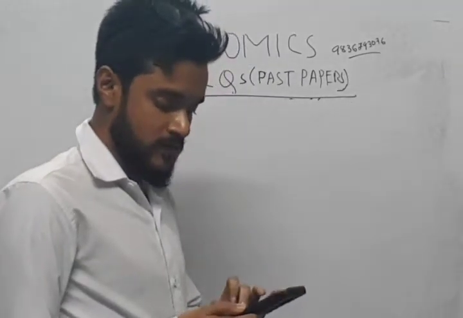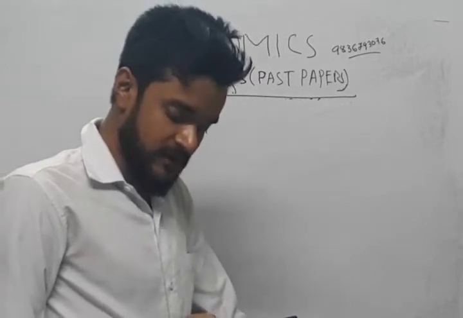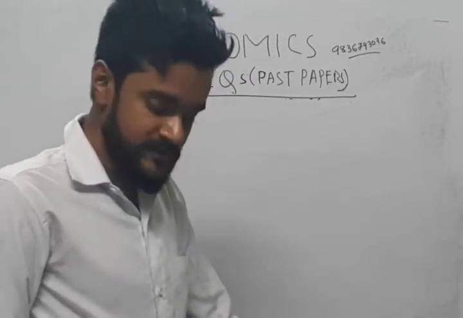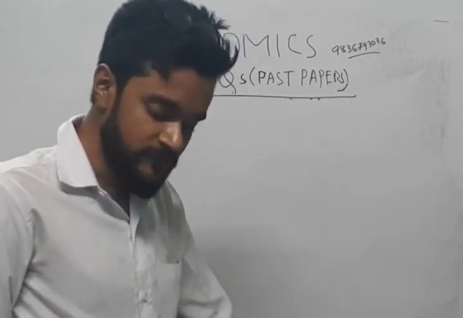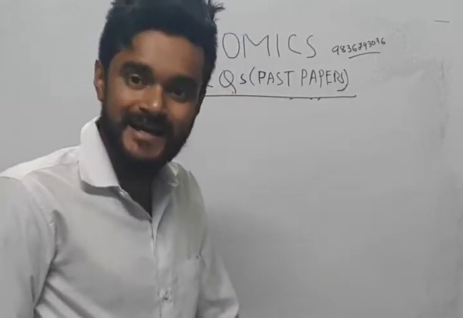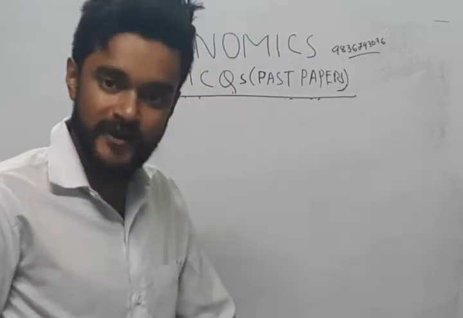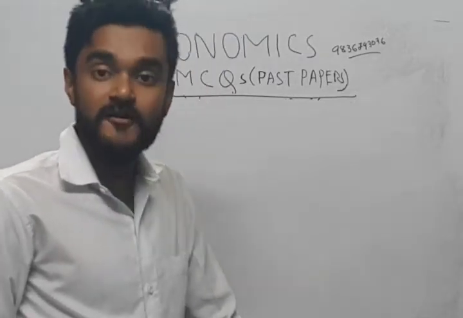So now we have come to the next question. In this question it is given, currently state governments receive approximately which of the following shares of central government's gross tax collection. There are four options given: 22%, 25%, 32% and 40%.